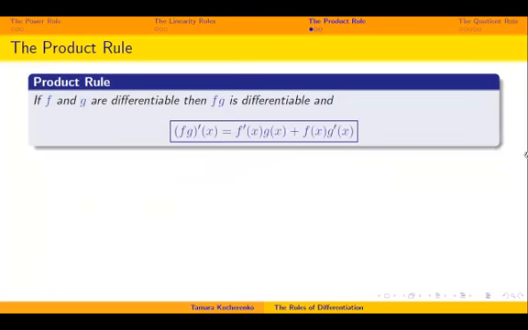The product rule states that if f and g are differentiable, then f times g is differentiable, and the derivative of f times g at x is the derivative of f at x times g at x plus f of x times the derivative of g at x.